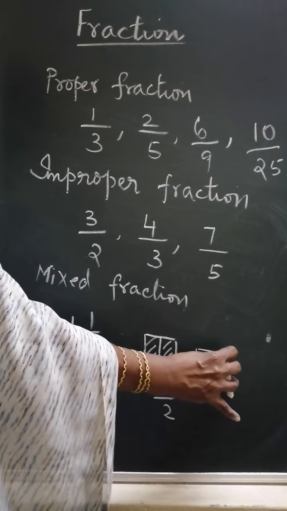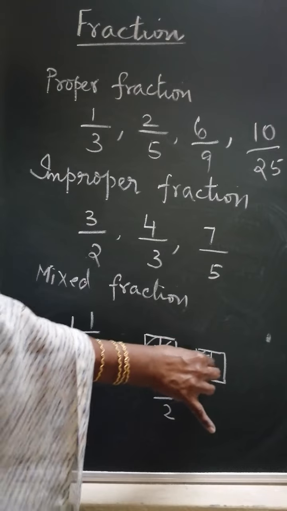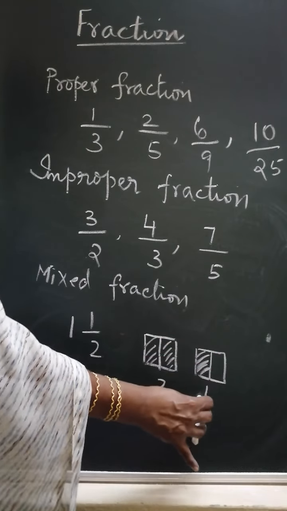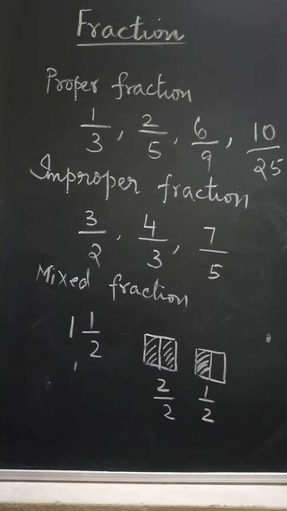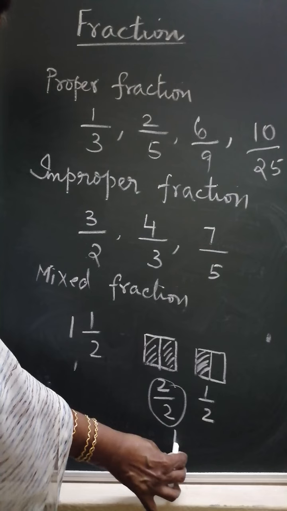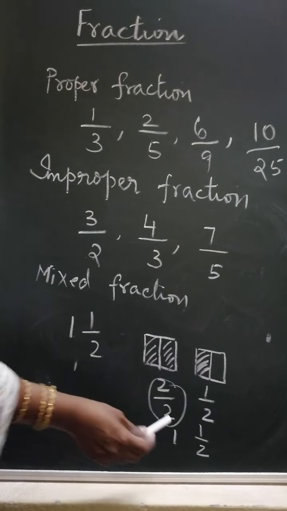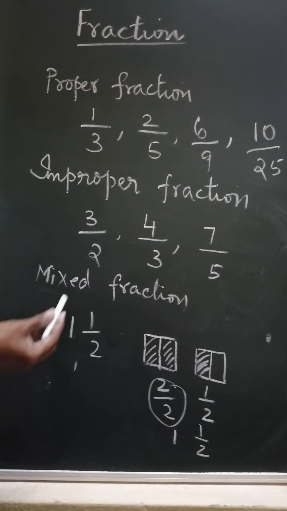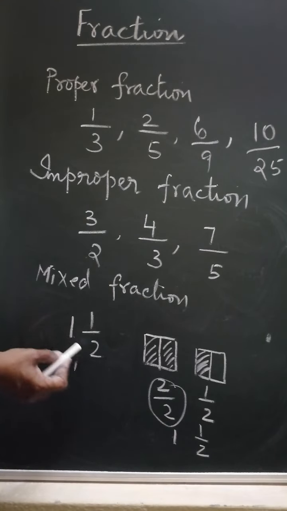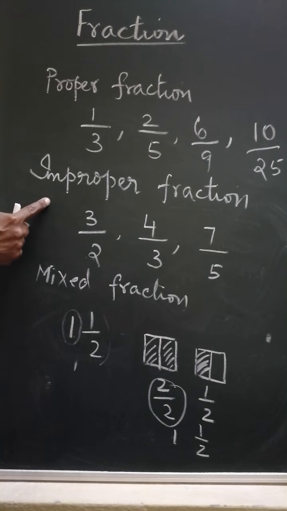Next, another piece of cake of the same size is taken and cut, and he ate 1 by 2 also. Now he had 2 by 2 means 1, and this 1 by 2 together, this is 1 and a half. This is called a mixed fraction. This is a whole number and this is a fractional part. So proper fraction, improper fraction and mixed fraction.